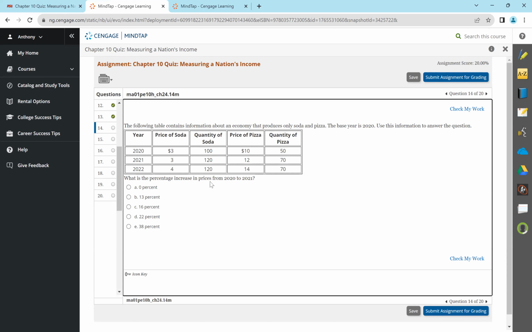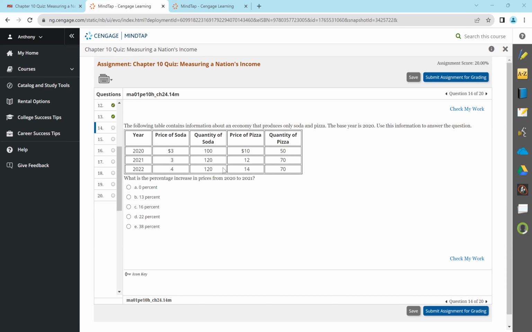All right, what is the percentage increase in prices from 2020 to 2021? I don't know why this is any different. It's taken into account everything though. How much did it go up to go from 2020 to 2021?